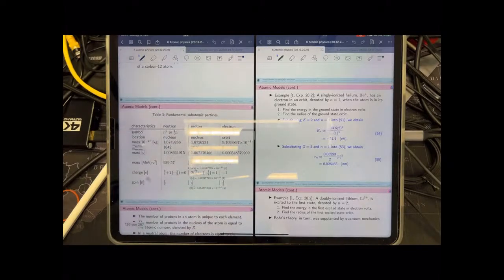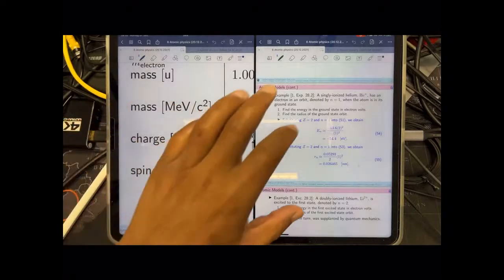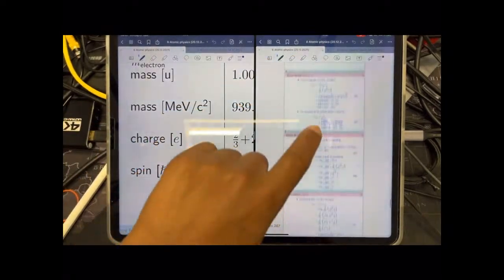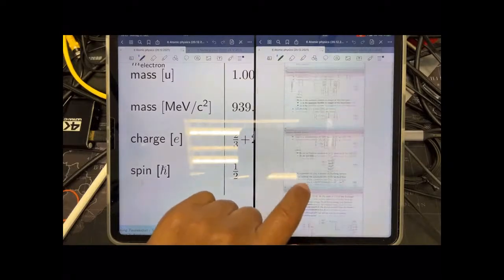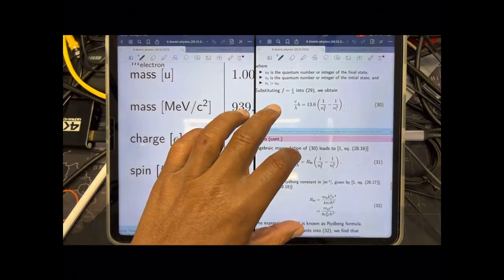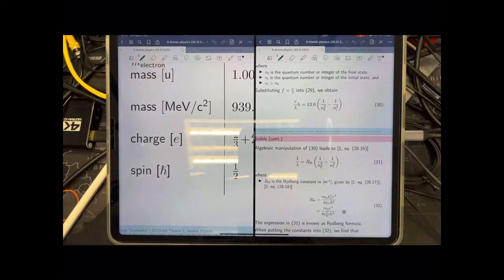First, we have to be clear about this table, right? And as you know, the spin number, which is a kind of quantum number, has the unit of h-bar here, right? Have you ever seen h-bar before? H-bar is expressed in this one. You can see here in equation 32.